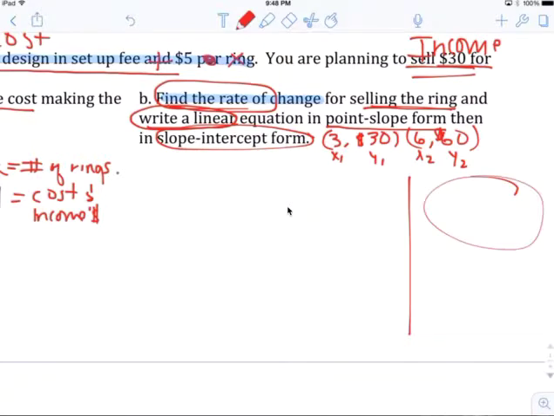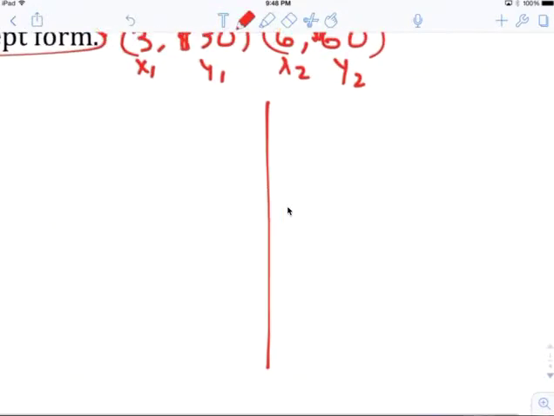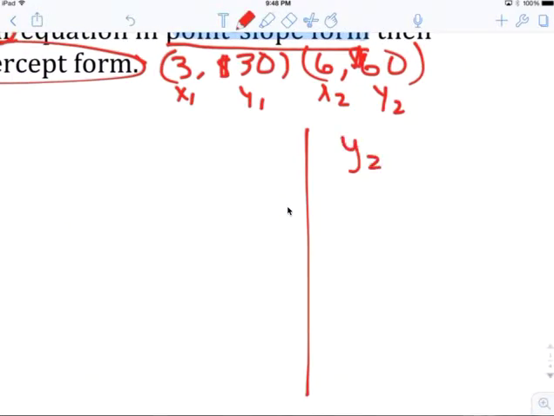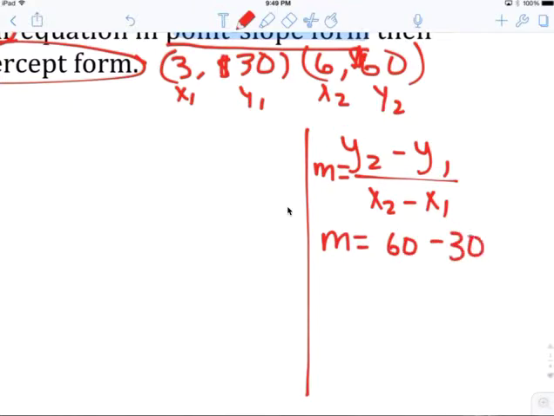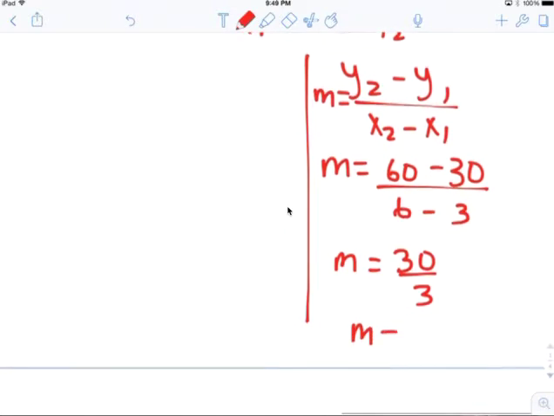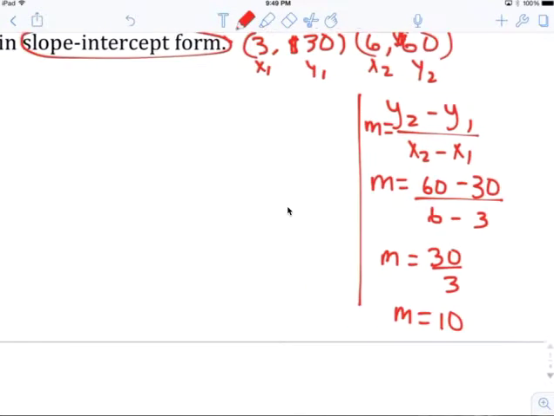I'm going to leave this right there because we're going to have to do point slope also. That's the second question. M stands for rate of change equals Y2 minus Y1 over X2 minus X1. Rate of change and slope mean the same. M equals 60 minus 30 over 6 minus 3. M equals 30 over 3. M equals 10. So the rate of change is 10.